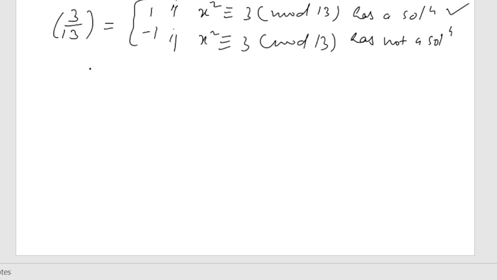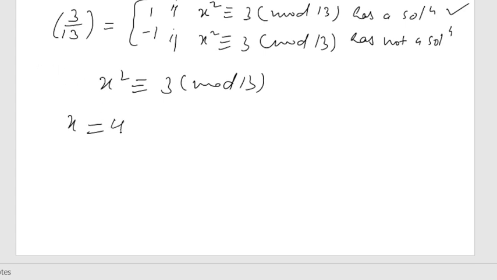So we can check whether x square is congruent to 3 mod 13 has a solution or not. It has a solution, and the solution is x is equal to 4.